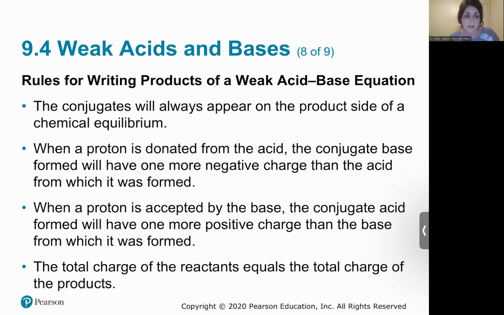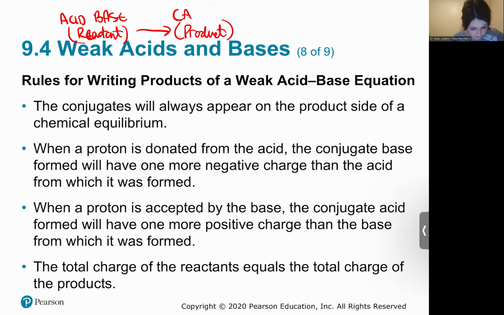You're going to have the acid and base on the reactant side, and on the product side you're going to have your conjugate acid and your conjugate base. There you go.